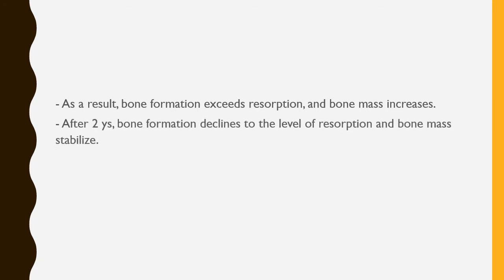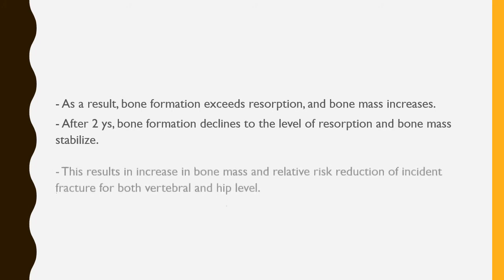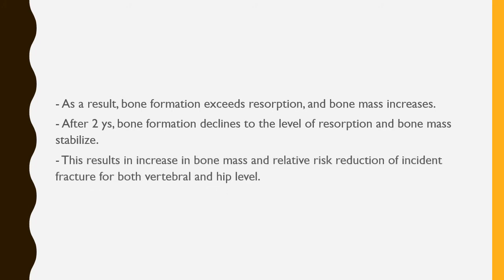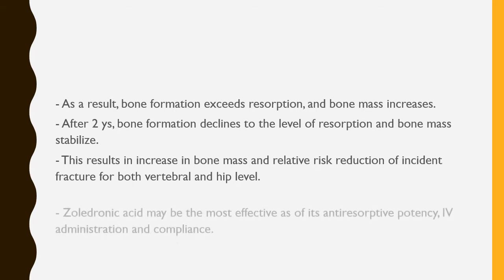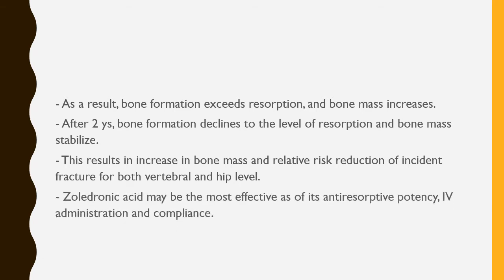After 2 years, bone formation declines to the level of resorption and the bone mass stabilizes. This results in increase in bone mass and relative risk reduction of incident fracture for both vertebral and hip level. Zoledronic acid may be the most effective because of its anti-resorptive potency, intravenous administration, and compliance.